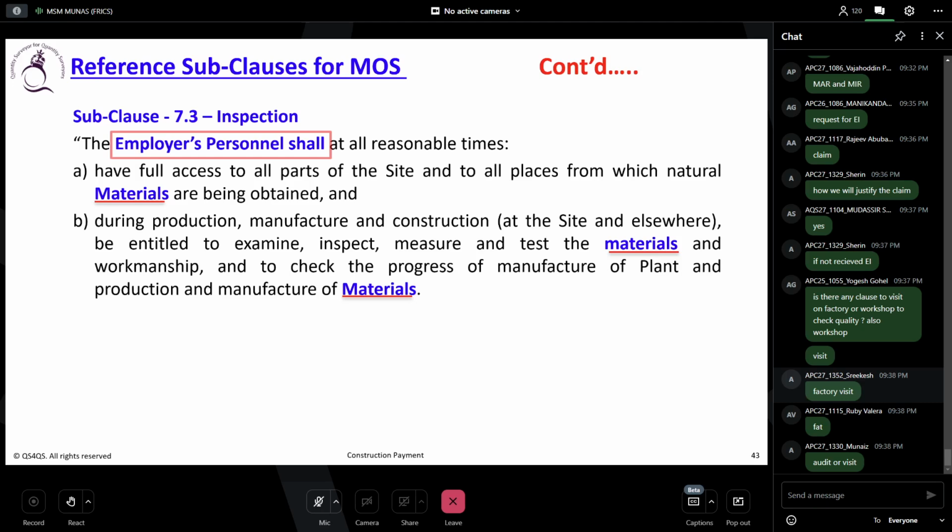If you want to have this kind of 7.3 sub-clause with a factory visit, you should limit the number. Let's say the factory is in America or Australia and you want to go from Dubai. It's not an easy cost. Every single person will cost lots of money. Do you understand? So that should be very clearly specified in the particular condition. Okay, so that is 7.3.